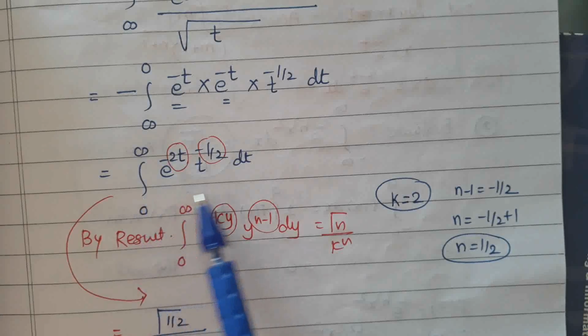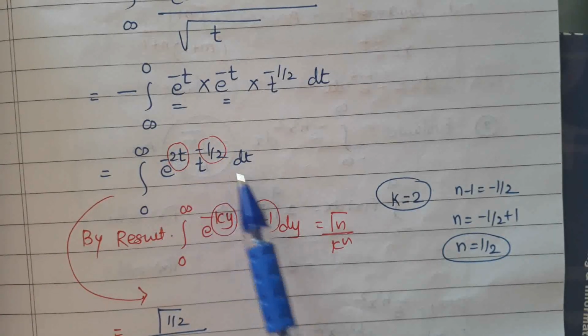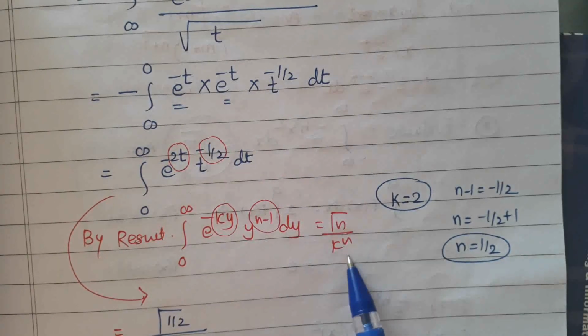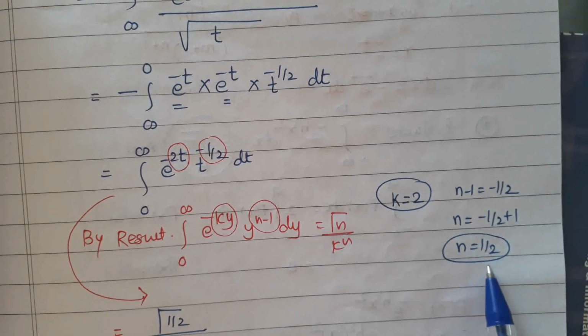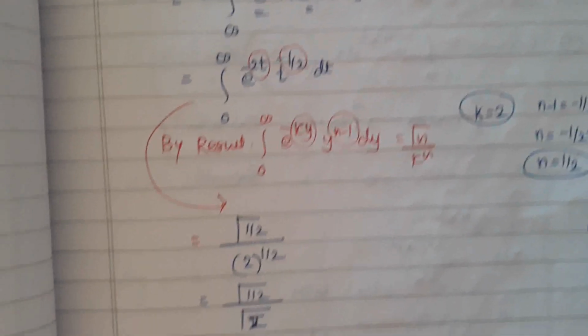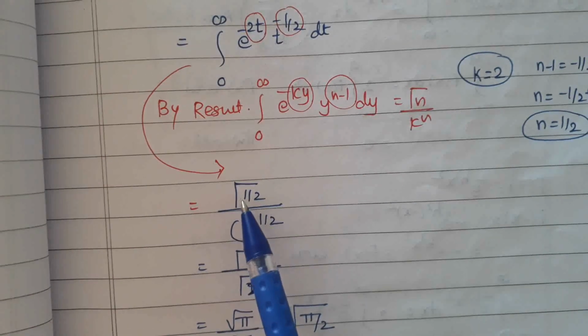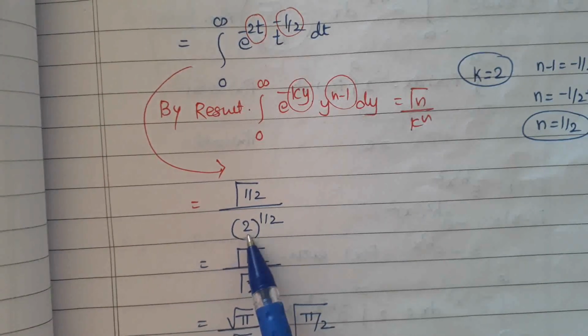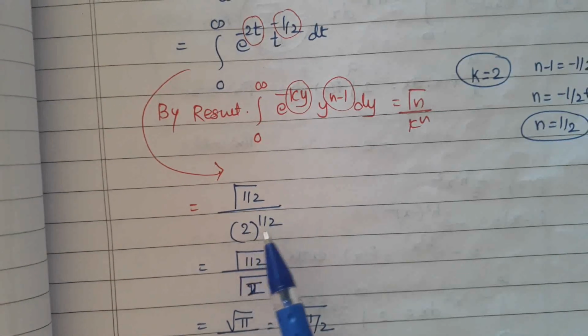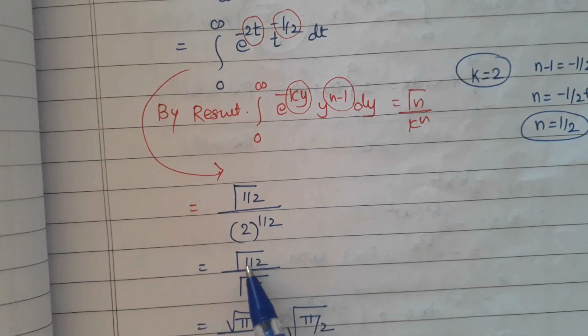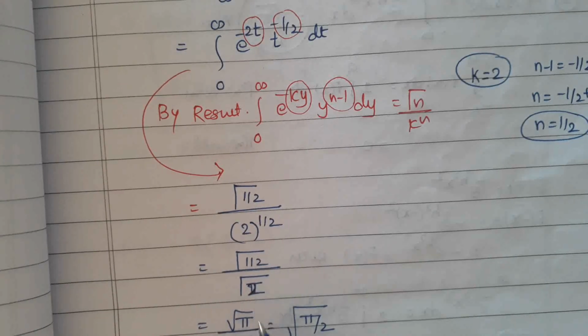So write this integral in the form of gamma function as gamma n upon k raised to n, with the values k is equal to 2, n is equal to 1 by 2. Gamma 1 by 2 upon 2 raised to 1 by 2, root 2.